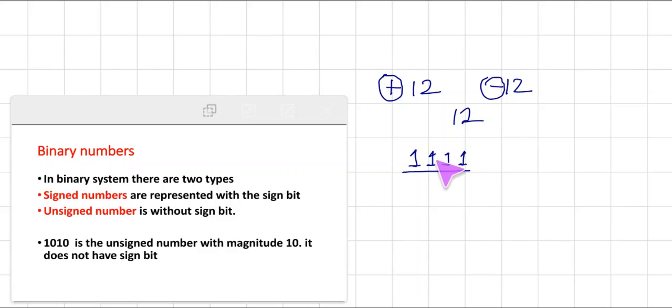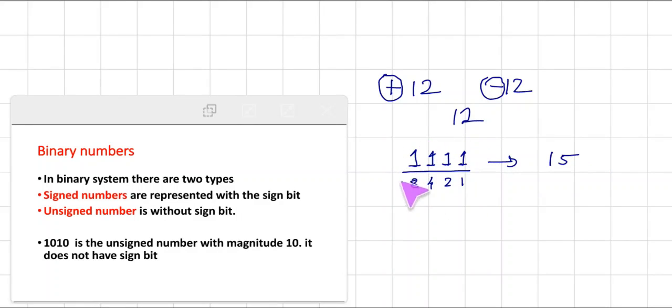There are 4 digits in this, and the magnitudes are 1, 2, 4, 8. So 8 plus 4 plus 2 plus 1 becomes 15. Its magnitude in decimal form is 15. So this is an unsigned number.